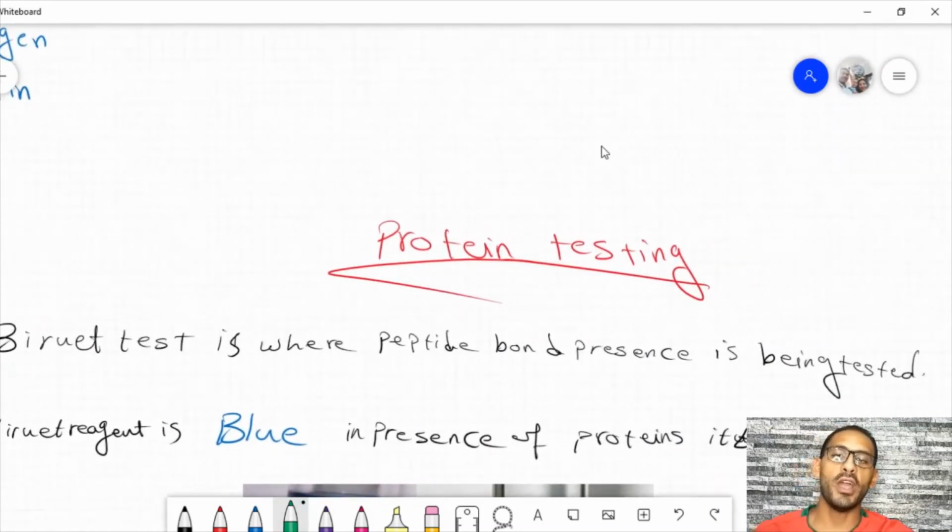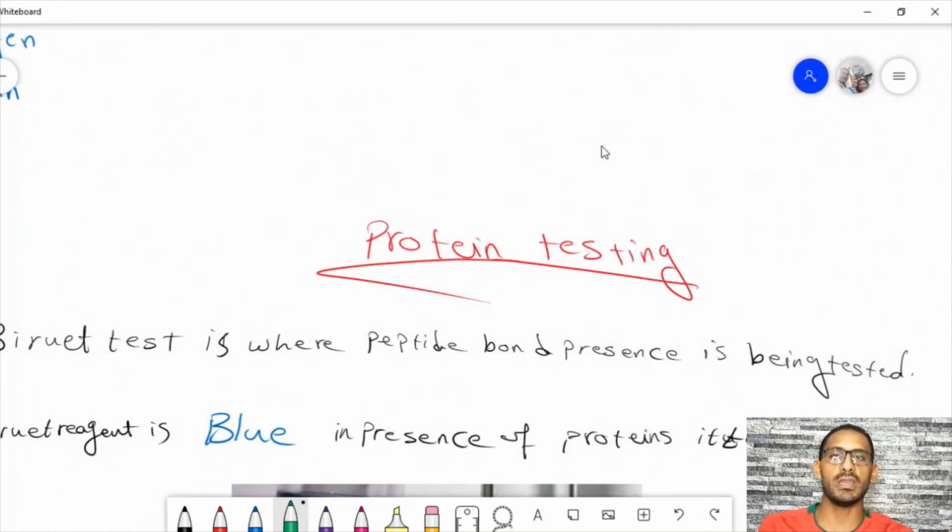Now, the biuret test simply gives an idea: is a peptide bond present, or is there a peptide chain present, or no. That's it. Okay, so it is so simple, so direct. No heating is required. No water bath is required whatsoever.